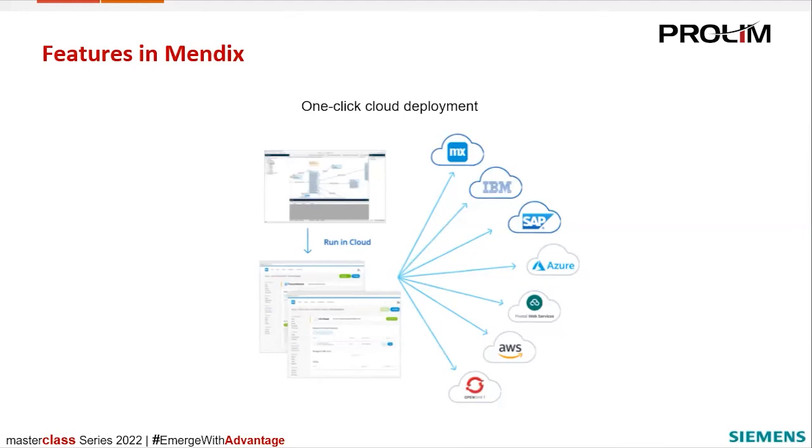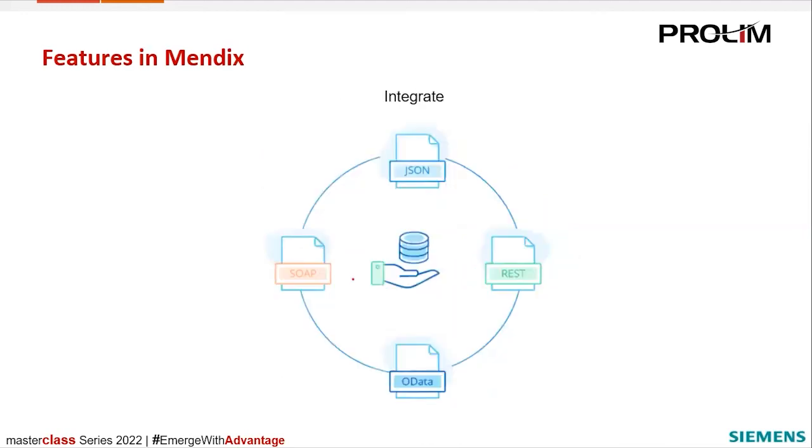Moving on to the next feature, next is integrate. Integration is nothing but adding something new inside Mendix. Previously, we could not add or integrate something inside Mendix. But right now, Mendix supports almost every third-party application using their APIs.